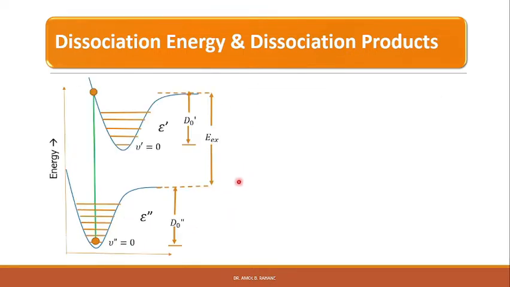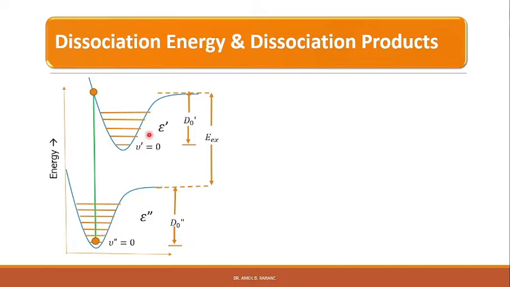There are several ways in which the dissociation occurs, right? In the previous lecture, we studied the Franck-Condon principle. In that case, we considered the case where the equilibrium nuclear separation in the upper state is considerably greater than that in the lower state, right?